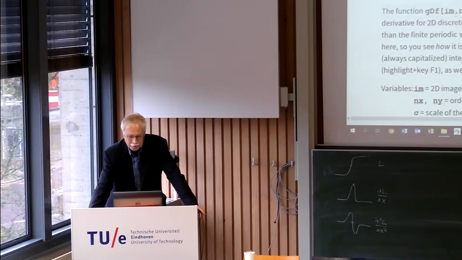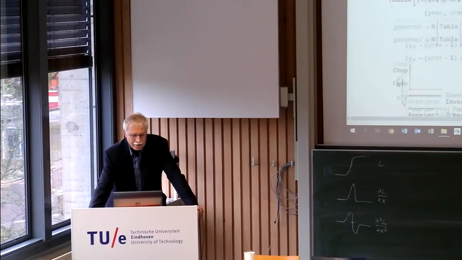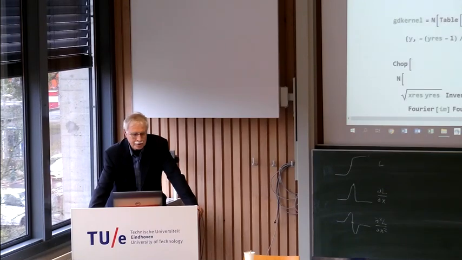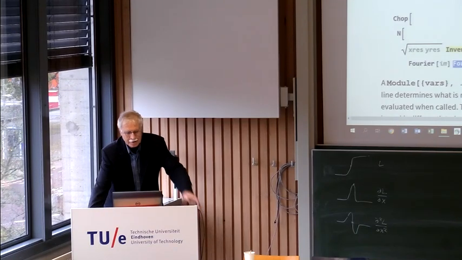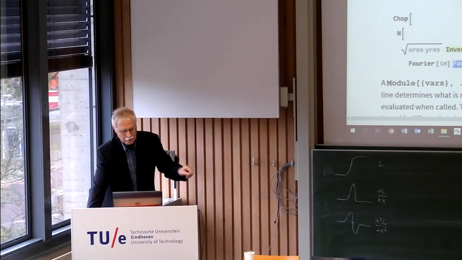Well, you can do this, of course, also in Mathematica. It's called the GDF, so the GD function in the Fourier domain. You calculate your Gaussian. You say, I take the Fourier transform of the image. I take the Fourier transform of my Gaussian kernel, but I shifted half an image, so the origin of the lower left is now in the middle. And then I do the inverse Fourier.